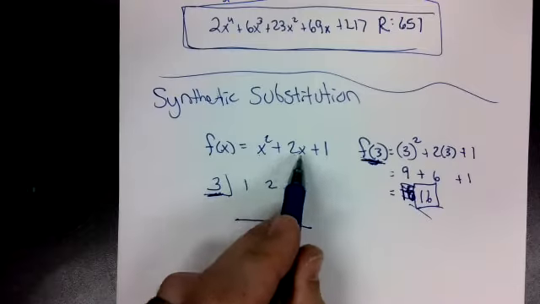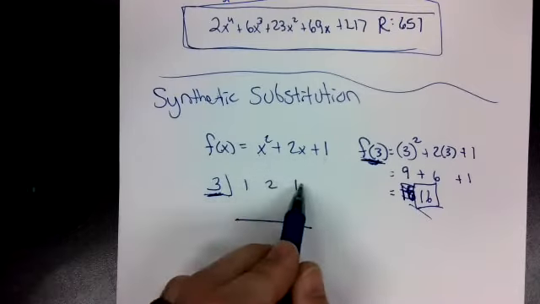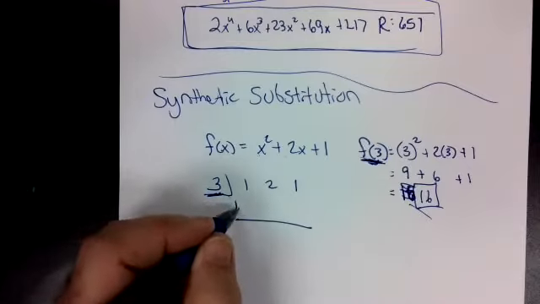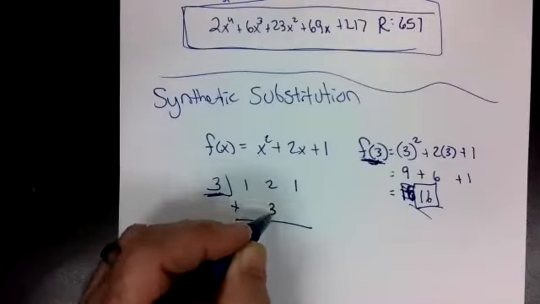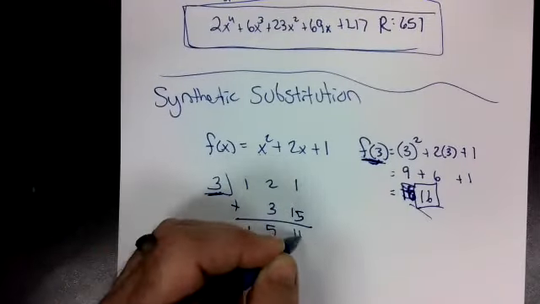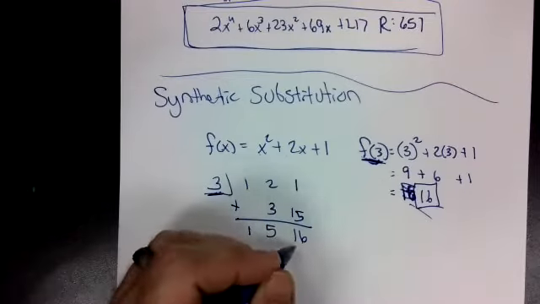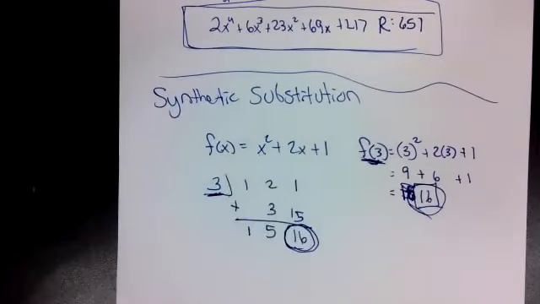But we still take the coefficients in order. So x squared, x, constant, 1, 2, 1. And again, we can follow that same pattern. So 1 plus 0, multiply, add, multiply, add. And this number should be the same thing.